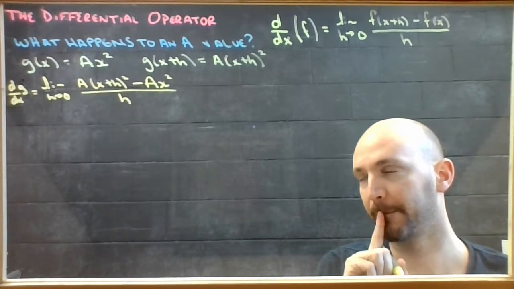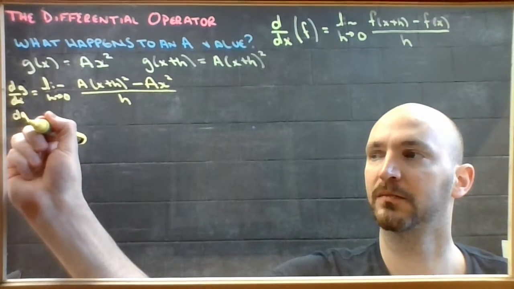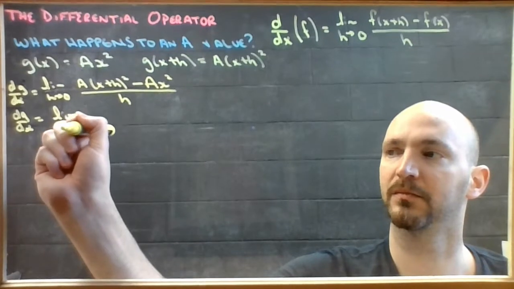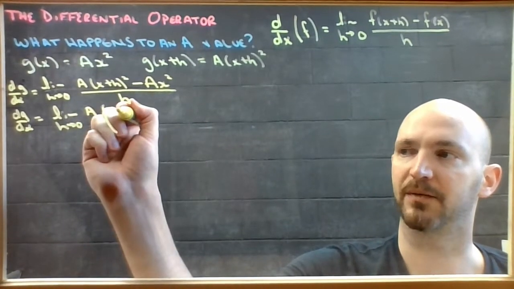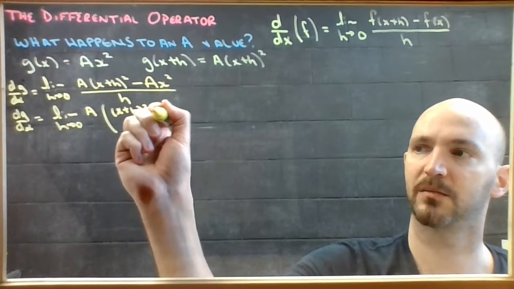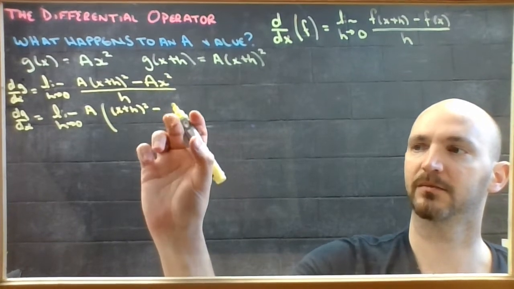Okay. So I have an a there. I'm going to factor it out of each term. Just left with x plus h squared minus, nope, factored that one out.